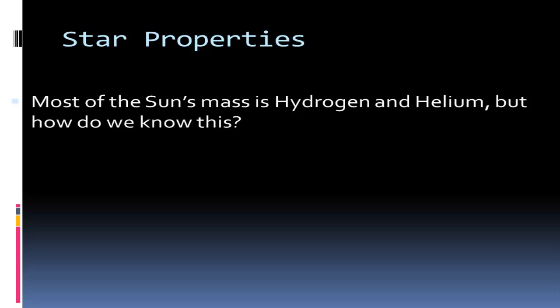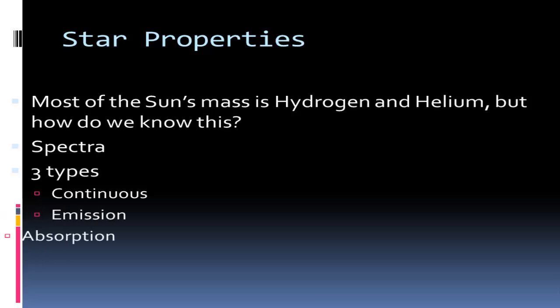We didn't go to other stars and take a scoop of what they're made out of and then analyze it. We look at the light that a star is giving off, and the light that it gives off could be put into one of three spectra. It could be a continuous spectrum, an emission spectrum, or an absorption spectrum, depending on how it's being produced, how that light gets to us.